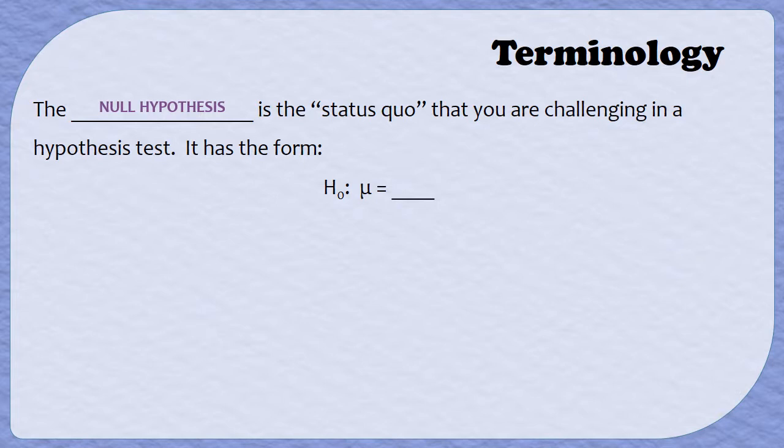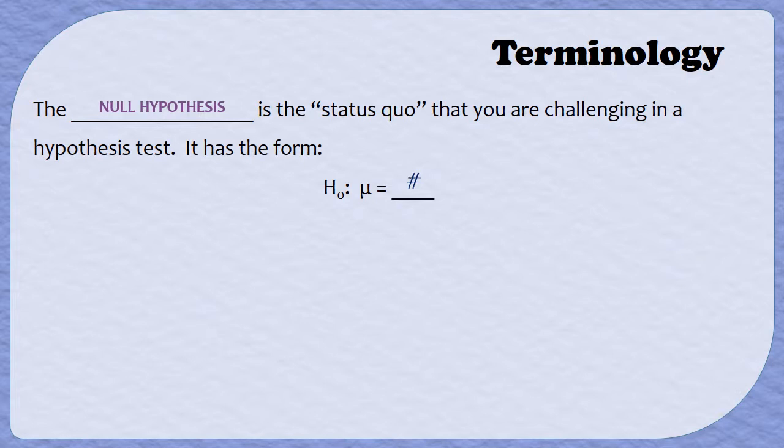Any of those are going to work. So this is our null hypothesis, and the null hypothesis is always that the mean equals some number. So, for example, in that made-up claim that men are 10 feet tall, the null hypothesis would be mu equals 10 feet.